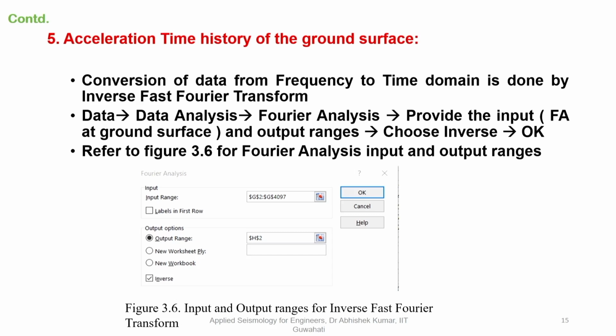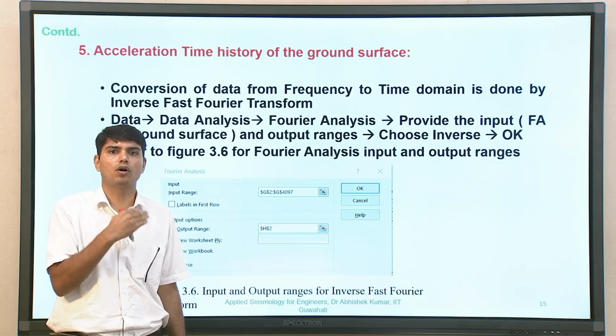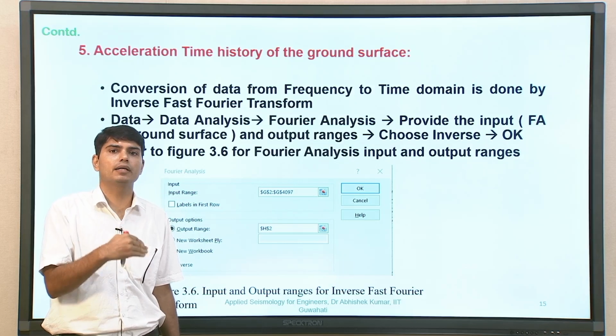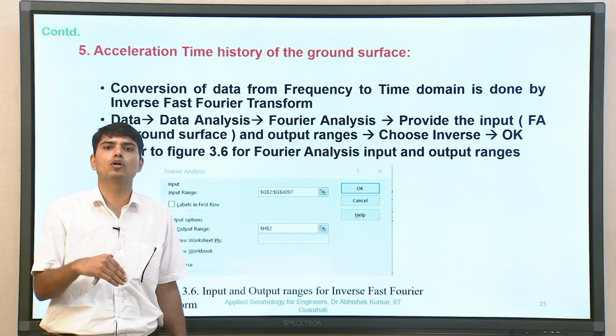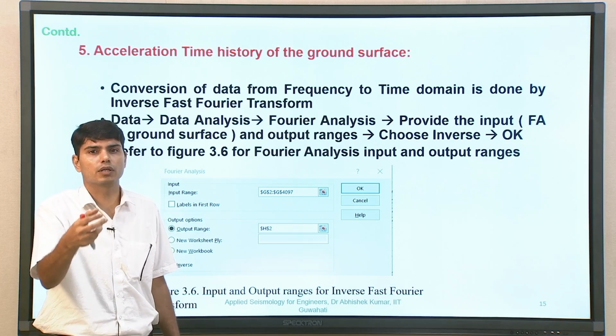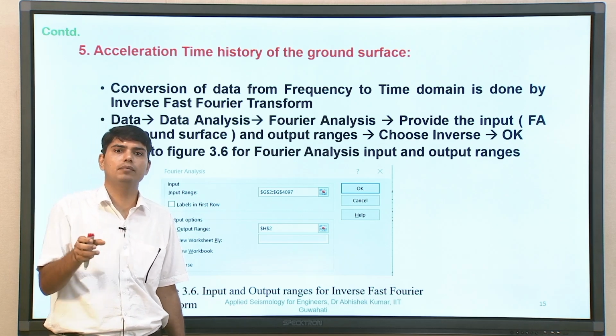So, you started with the acceleration time history at the bottom, converted it by fast Fourier transformation to Fourier spectra or frequency domain, and multiplied this value with the transfer function, which was again based on the operating frequency converted to circular frequency, thickness of the soil layer and shear velocity of the medium.